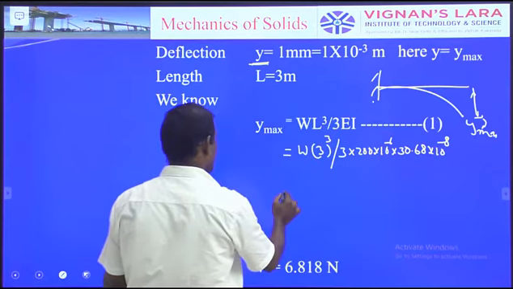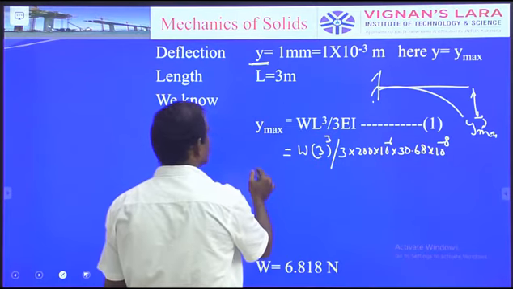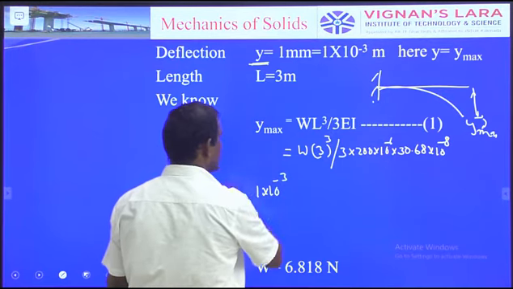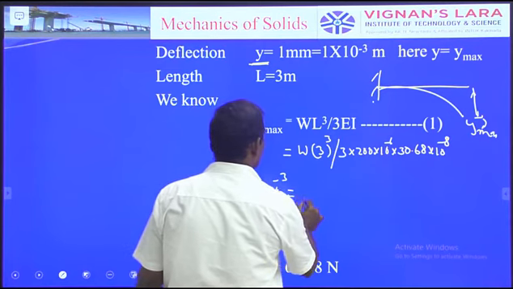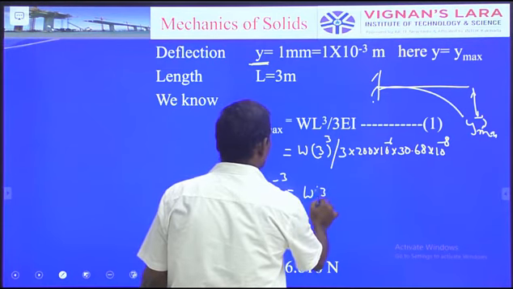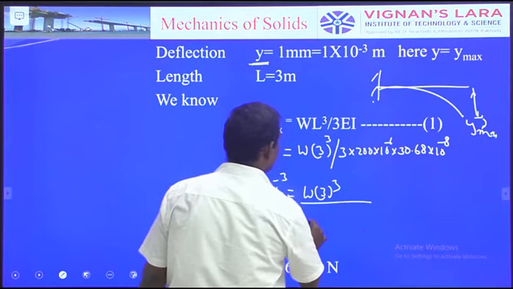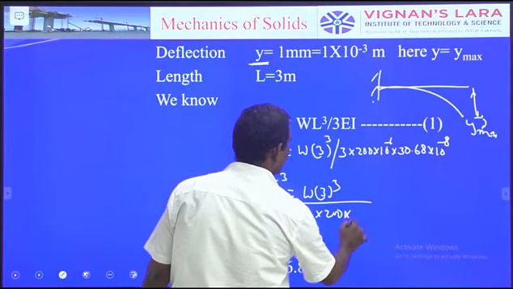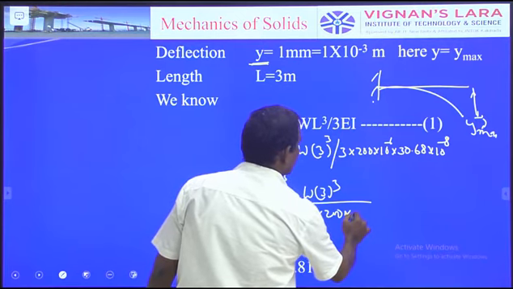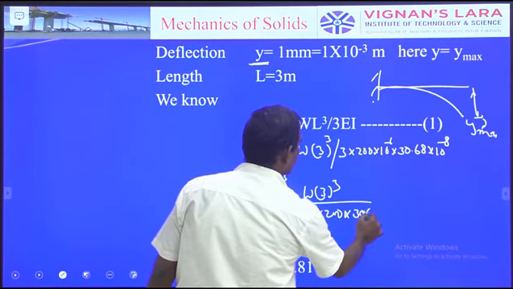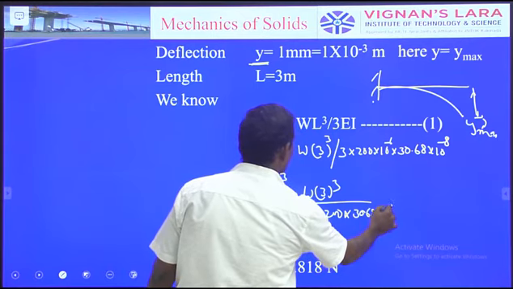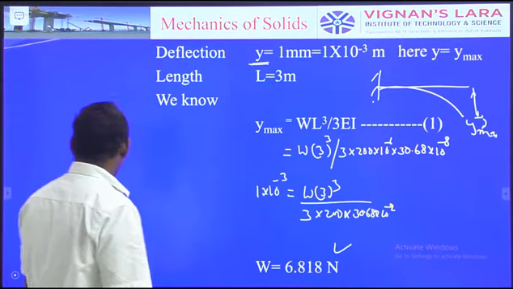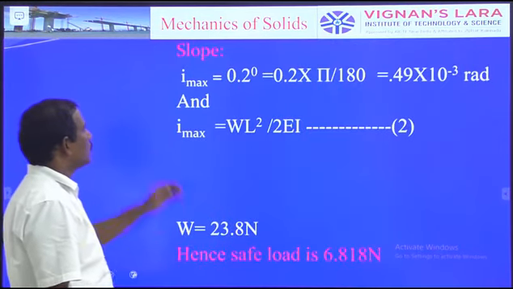After calculation, we know the y maximum is 1 into 10 to the power minus 3, equal to W into 3 cube whole divided by 3 into 200 into 30.68 into 10 to the power minus 2. Finally, the W value is 6.818.